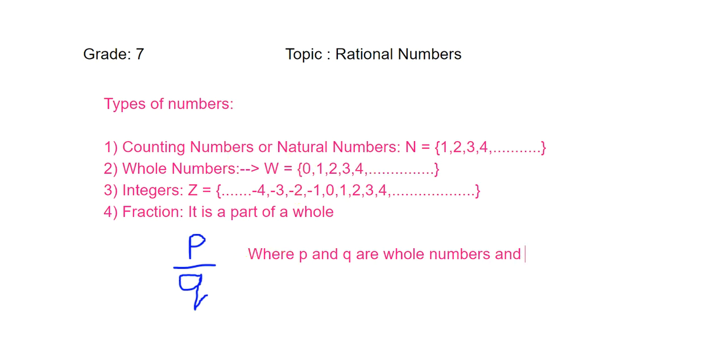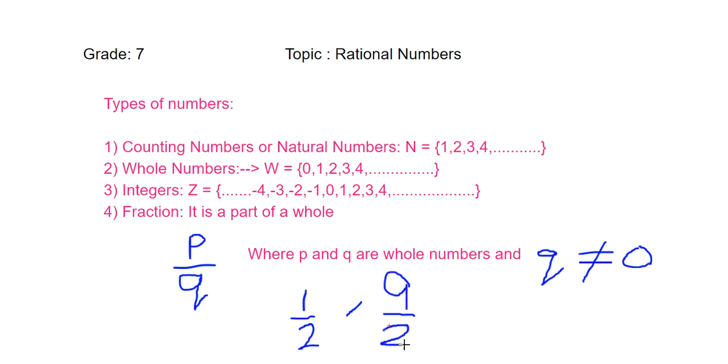The condition says q should not be equal to 0. Any such numbers which can be written in the form of p upon q are called fractions. For example, 1 upon 2, 3 upon 4, 5 upon 7, 9 upon 2. All such numbers are called fractions.